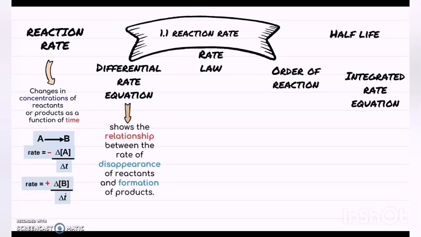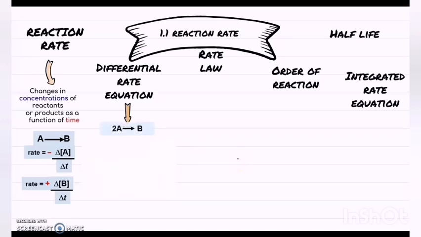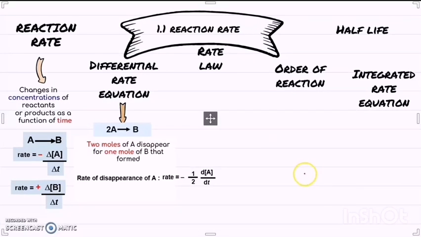Next is the differential rate equation. It shows the relationship between the rate of disappearance of reactants and the formation of products. For example, I have the reaction 2A produces B. From this balanced equation, we can say that 2 moles of A disappear for 1 mole of B that forms. The rate of disappearance of A can be written as rate equal to negative 1 over 2 d[A] over dt.